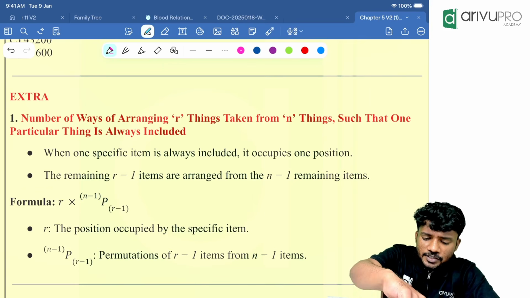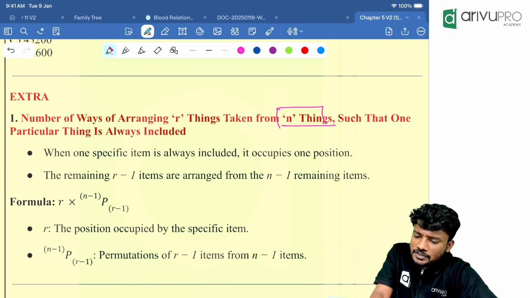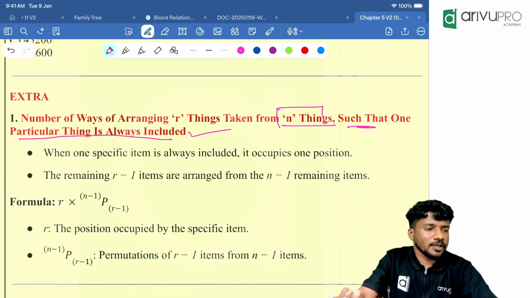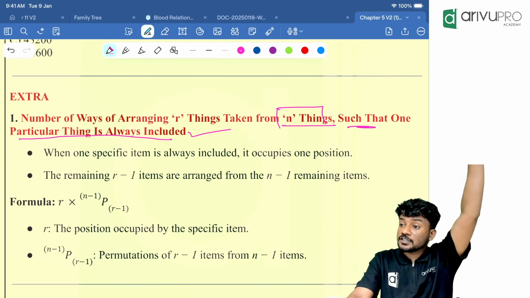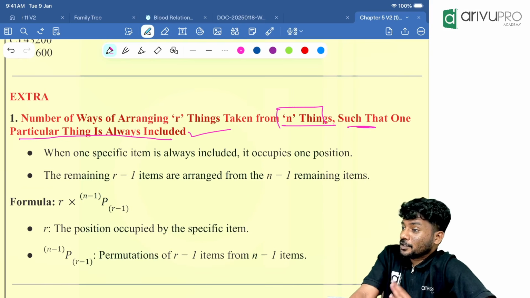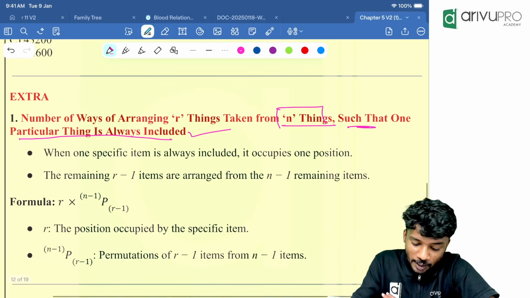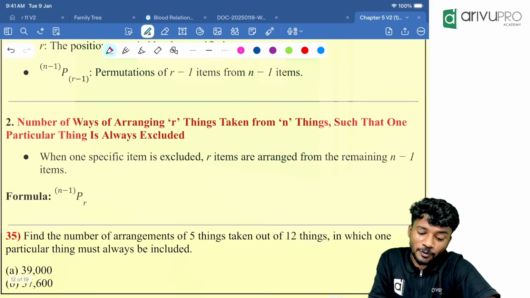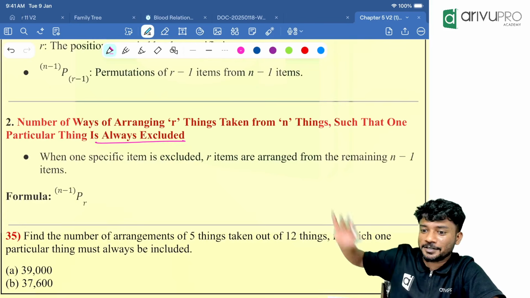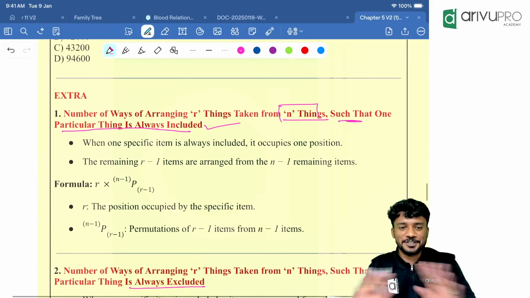The number of ways of arranging r things taken from n things such that one particular thing is always included. Previously, I used to say that Shubman Gill is the example, and one particular thing will always be there in the team. Then at another time, one thing is always excluded. I used to say that Sanju Samson is the one who is always excluded. Right now, I can't say that because now he is the fixed part of the team for sure.